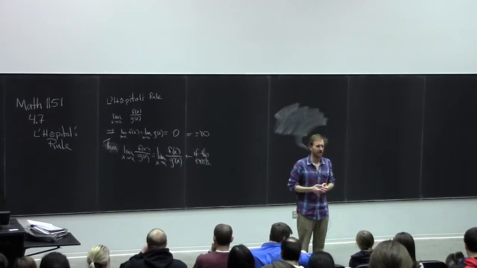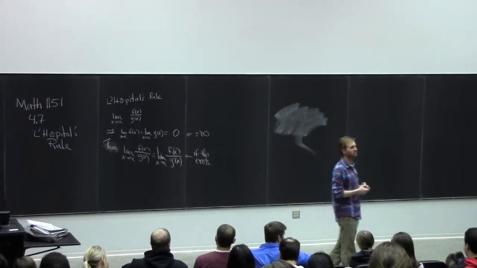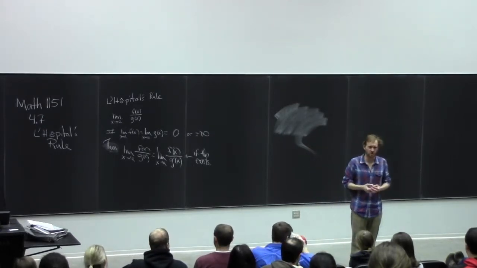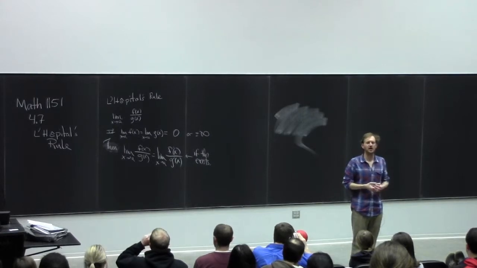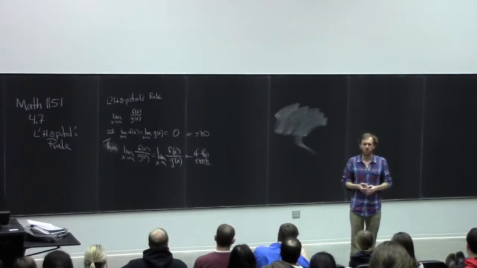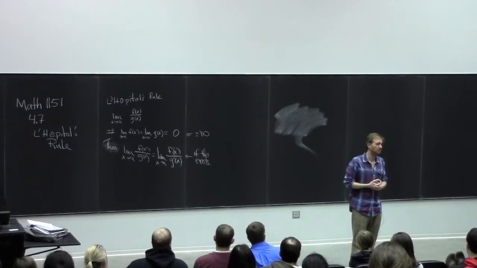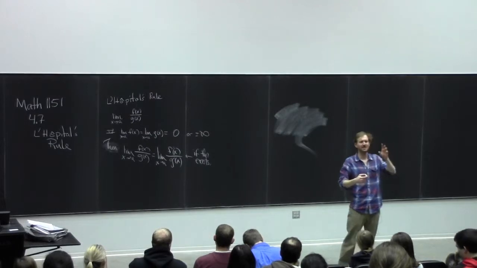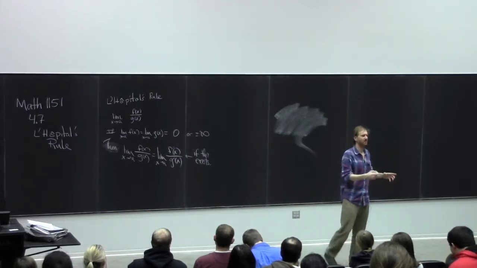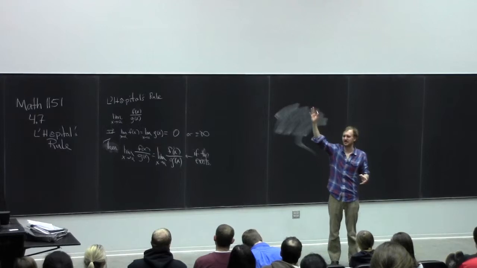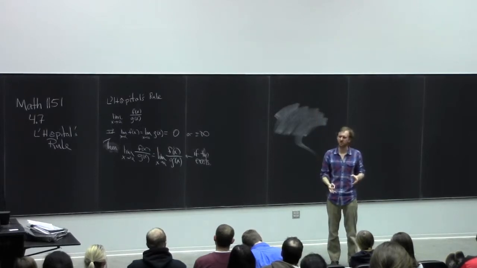Okay? If the question says use L'Hopital's rule, you'd better use L'Hopital's rule. And the converse is also true. If the question doesn't say use L'Hopital's rule, don't use it. That's my advice. Or at least think really hard. Or maybe even raise your hand and say, should I use L'Hopital's rule?